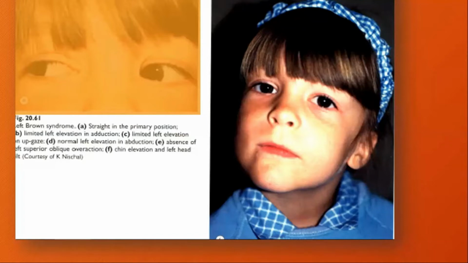It may be mild hypertropia, I believe. He said limited left elevation in adduction, limited left elevation in up gaze, and normal in abduction. So whenever we have normal elevation in abduction and limited elevation in adduction, this is most probably a case of Brown syndrome. The last photo is confusing, so I omitted it.